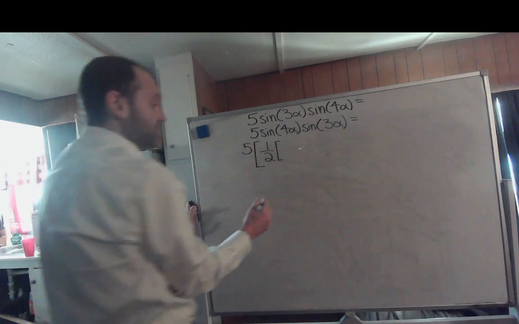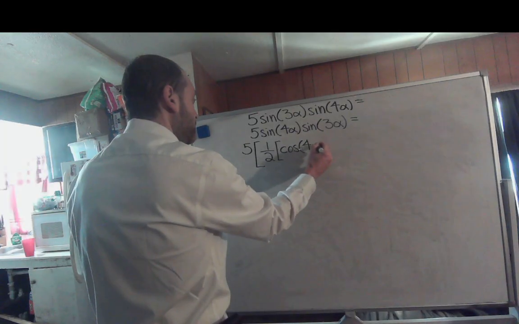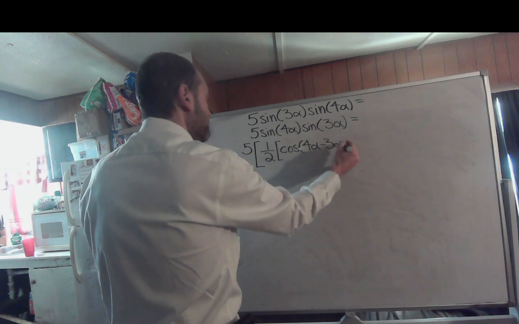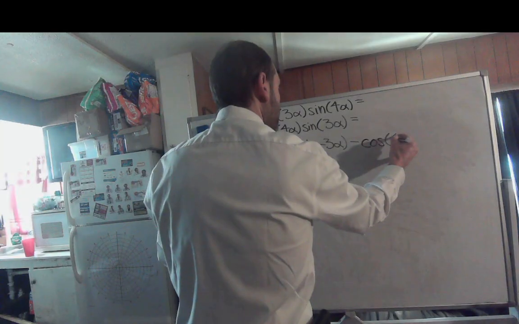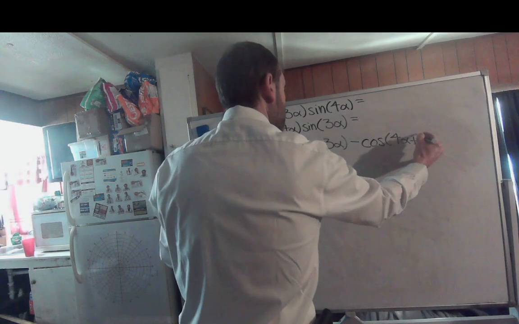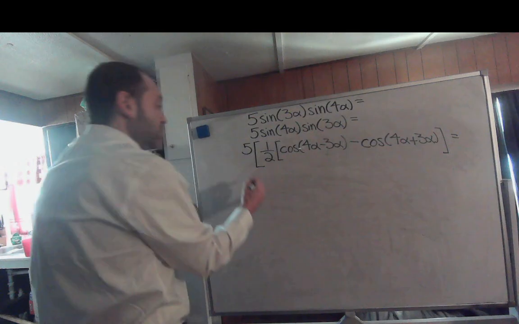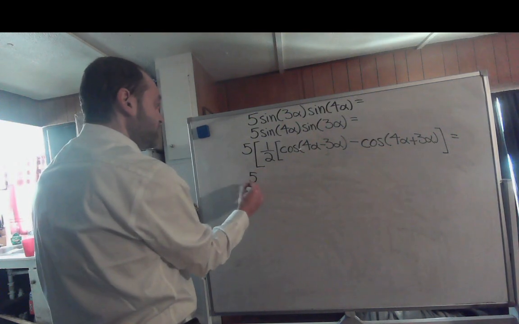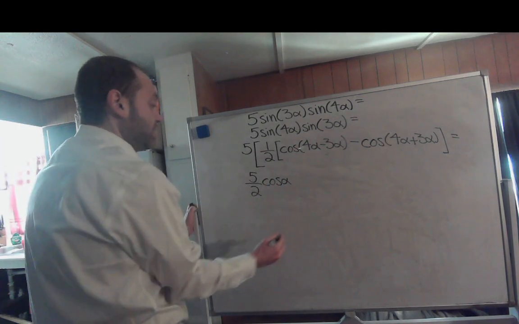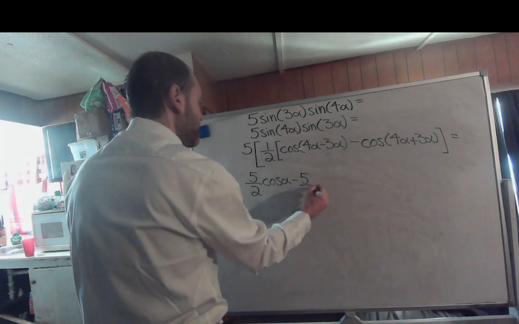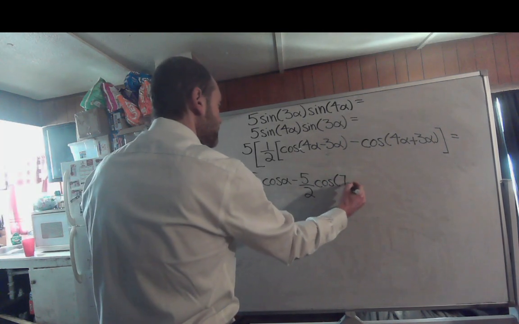Now a sine times a sine, 1/2 of the cosine of 4 alpha minus 3 alpha minus the cosine of 4 alpha plus 3 alpha, which would end up simplifying into 5/2 times the cosine of alpha minus 5/2 times the cosine of 7 alpha.